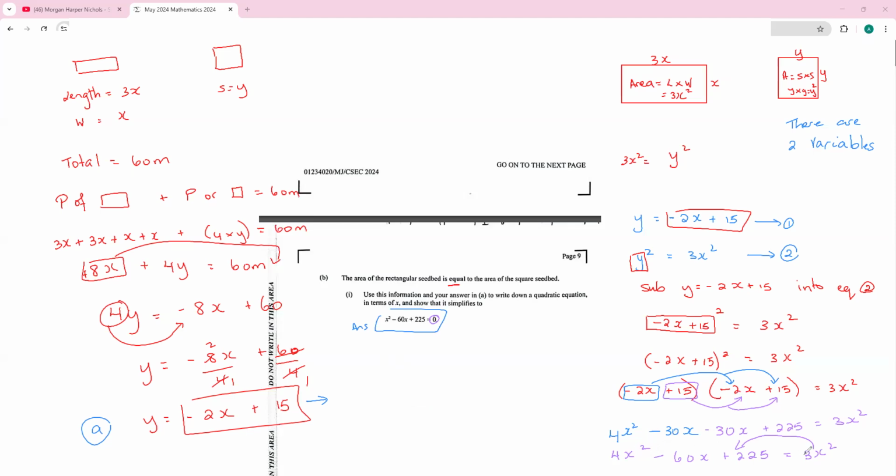So I have this in terms of x squared. When it comes over, I'm going to put it next to the other x squared. So I'm going to bring it across. It was added, so when it comes across, it becomes minus.